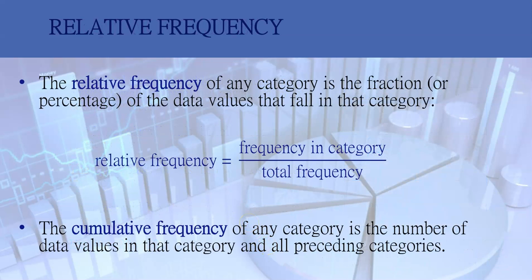Then from there, there's something called the relative frequency of a category, which is the fraction that the data values fall into that category. So what's the frequency in a particular category divided by the total frequency? The cumulative frequency of a category is the number of values of that category plus everything before it.